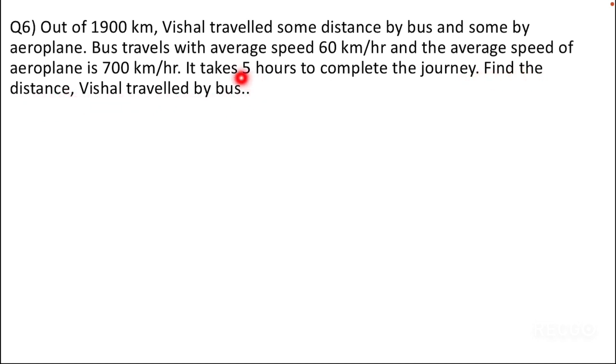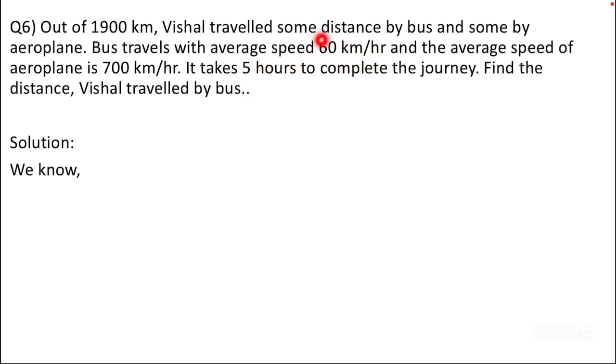Okay, so over here we want to find the distance. We know the total distance, we know the speed of the bus and aeroplane, and we also know the time. So we know the time and the speed, and we need to find the distance.